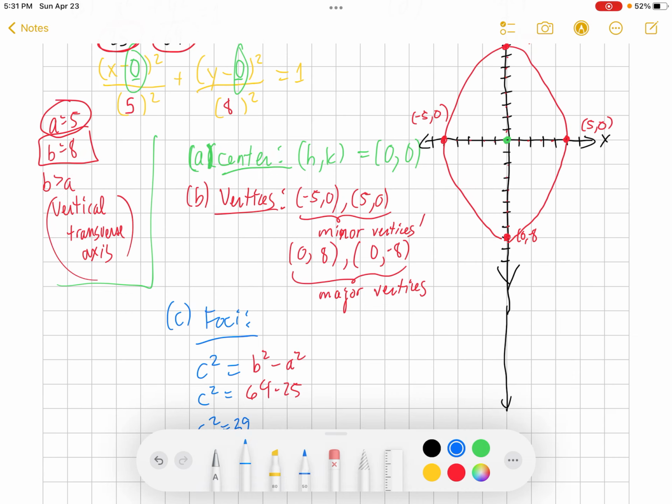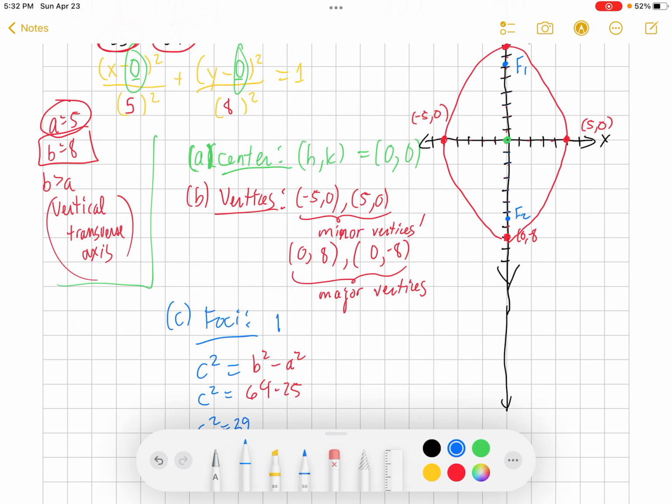So, to find my foci, I'm going to be going along the vertical axis from the center 6.24, since we're vertically oriented, the vertical transverse axis. So back to the center, 1, 2, 3, 4, 5, 6.24. There's one of my foci, and then back to the center, 6.24 down. There's my second focus.